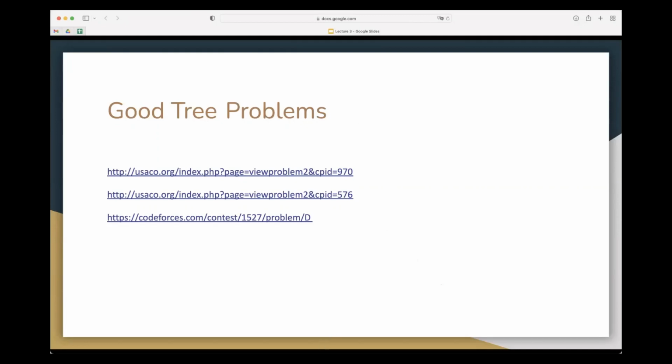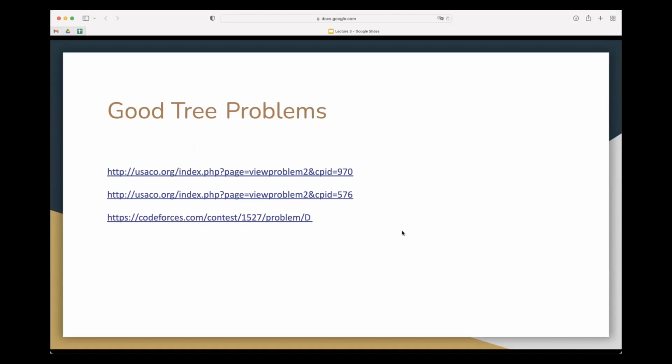And I would say out of the two USACO problems that I didn't go over, the second one is definitely slightly harder than the first one. If you want to try out LCA, I recommend you think about how you would use LCA on the first problem.